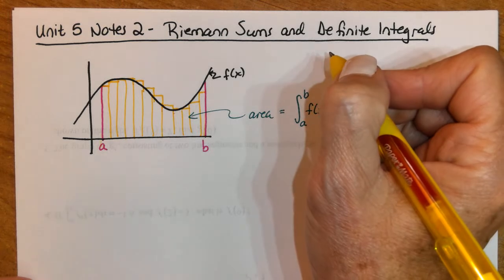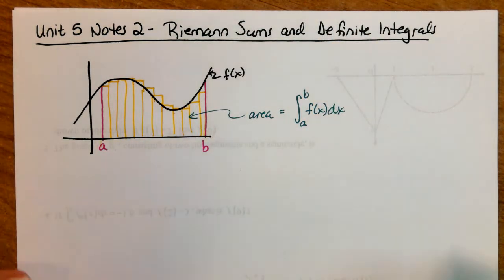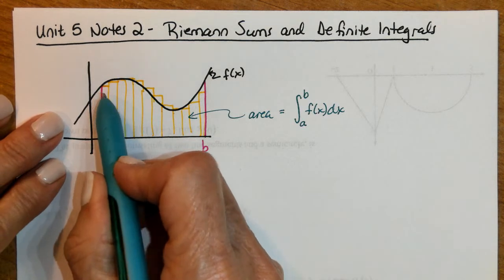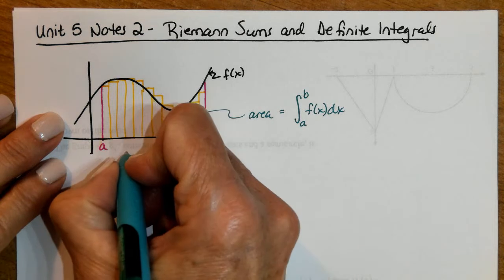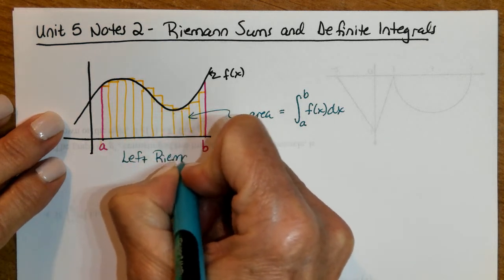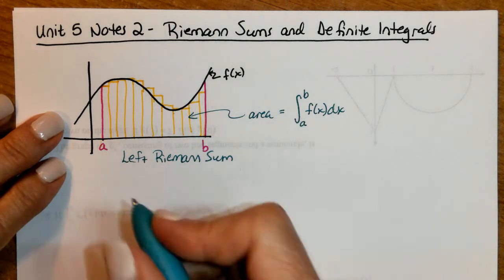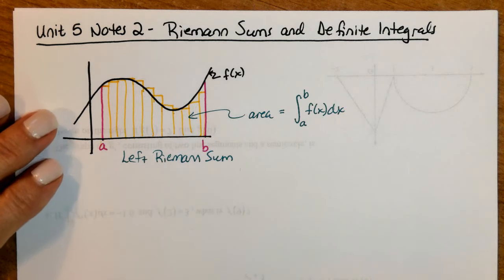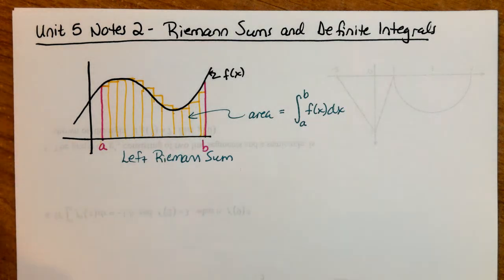So we can approximate this area using the left height of each rectangle as the height, and this is called a left Riemann sum. If we used the right side of each rectangle, it would be a right Riemann sum.